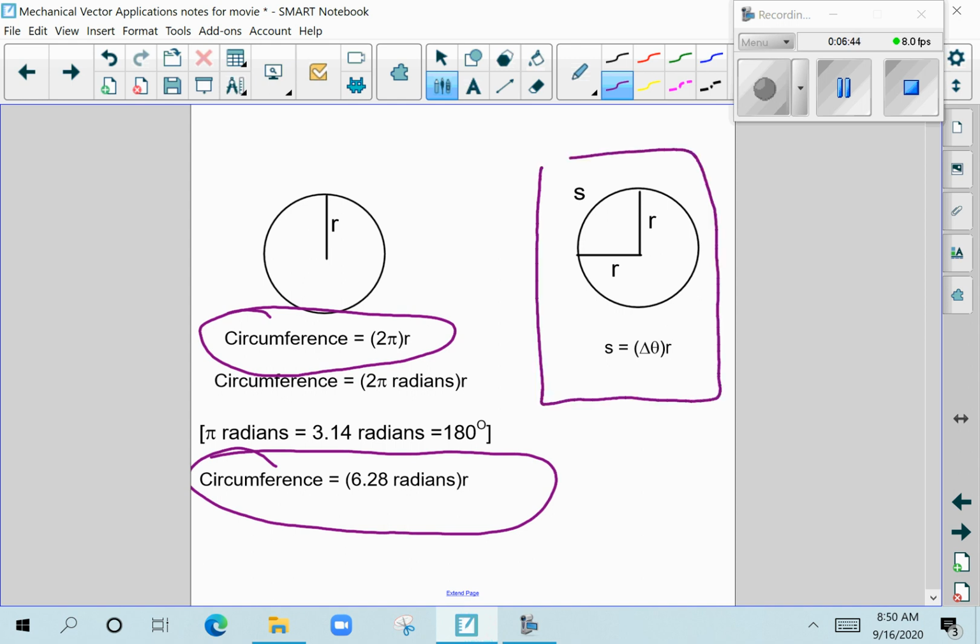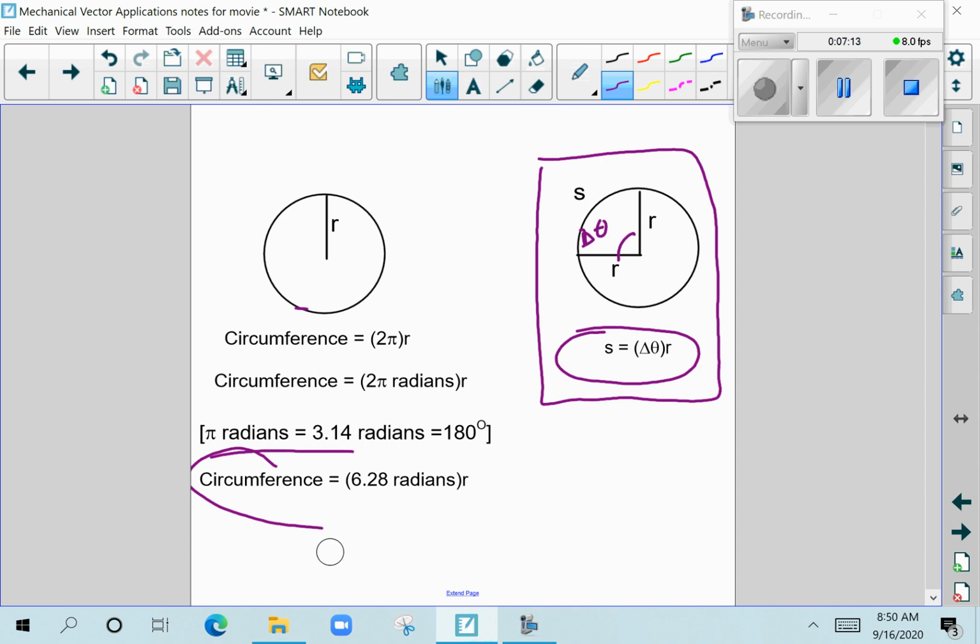Arc distance is equal to theta r, where theta is the angle to complete your arc. But it really is just a fraction of 2 pi for the complete circle. So this here is a base equation. You get this constantly. You do not need to have it memorized. You just have to be comfortable enough to use it. Now, we're not going to use it a lot right now, so if you're not comfortable with it, that's okay. If you've seen this, go, I kind of know this, you're ahead of the game.